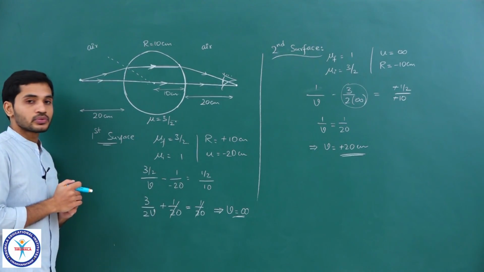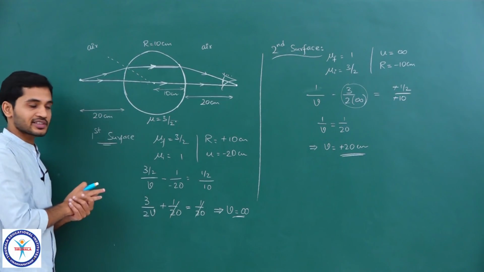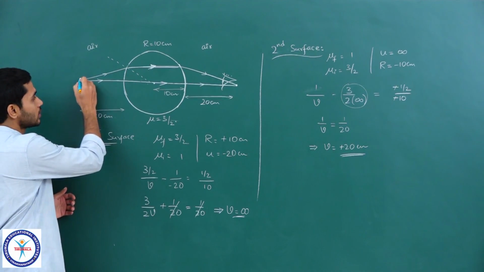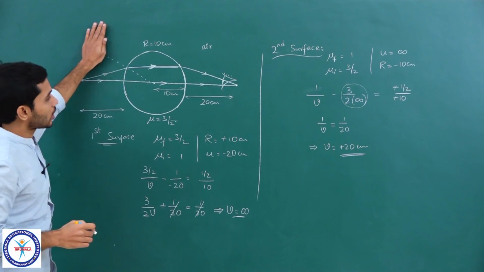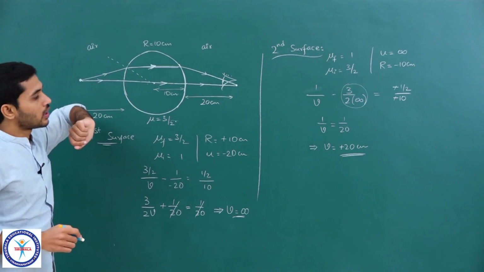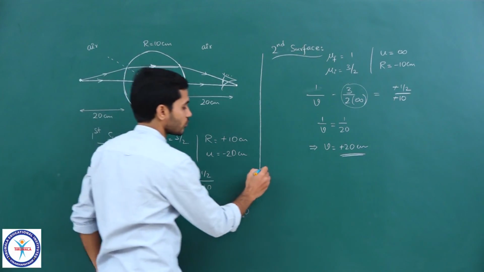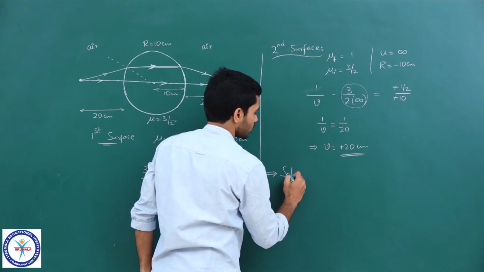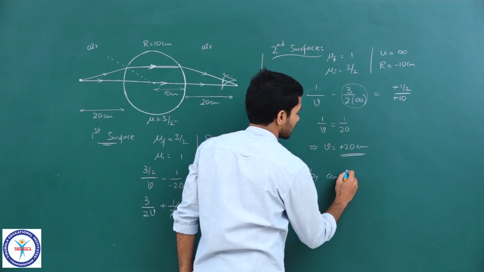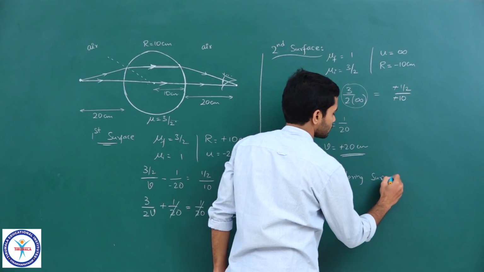I will give you one more question, which you have to solve as your homework. Solve the same question, same values, but considering that the surrounding medium is not air, right. So, consider that the surrounding medium has a refractive index mu of 4 by 3, water.